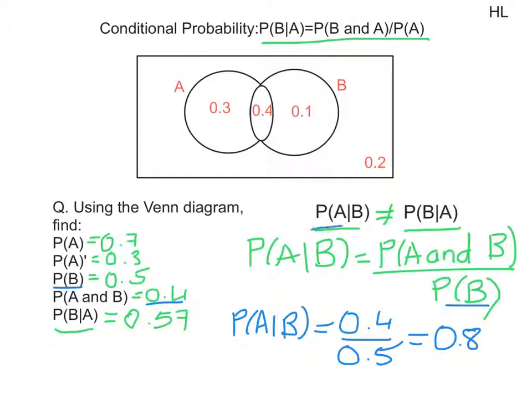So the probability of A given B is not equal to the probability of B given A. That concludes the discussion on conditional probability.